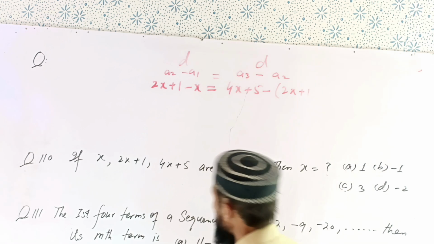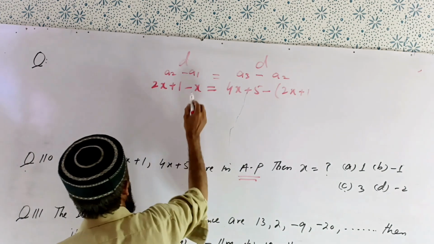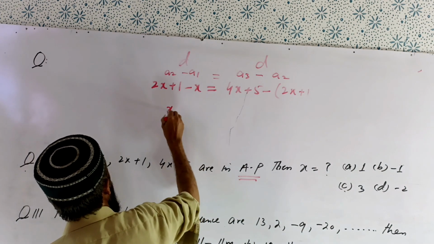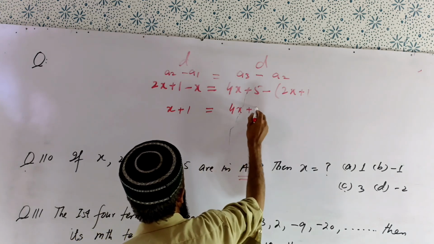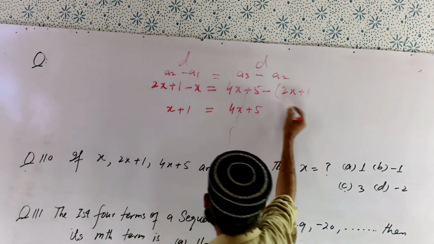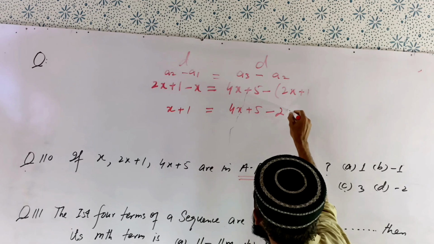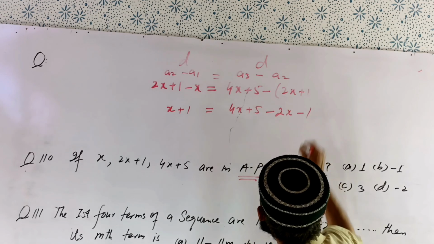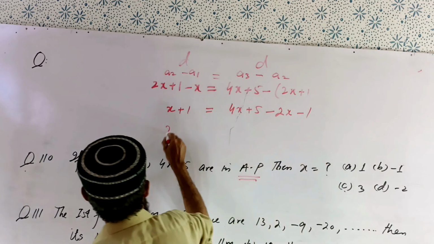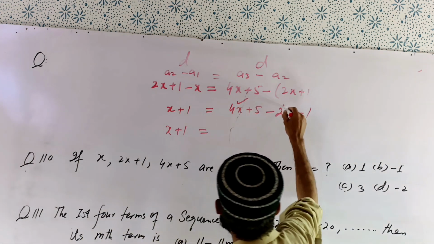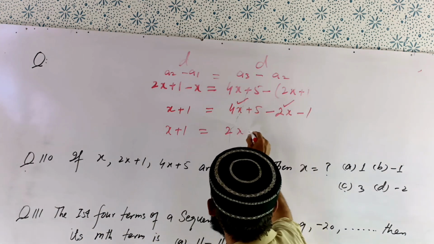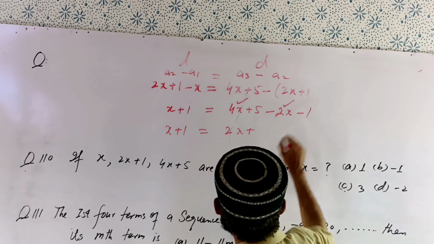So first of all, we subtract this result. We get 2x minus x, which gives x plus 1, is equal to 4x plus 5 minus 2x minus 1. If we open the brackets, minus is multiplied, so we get x plus 1 is equal to 4x plus 5 minus 2x minus 1.